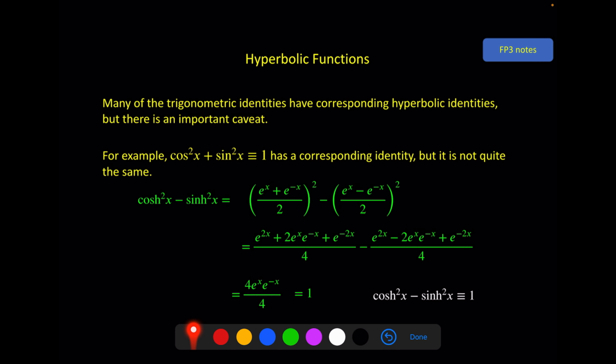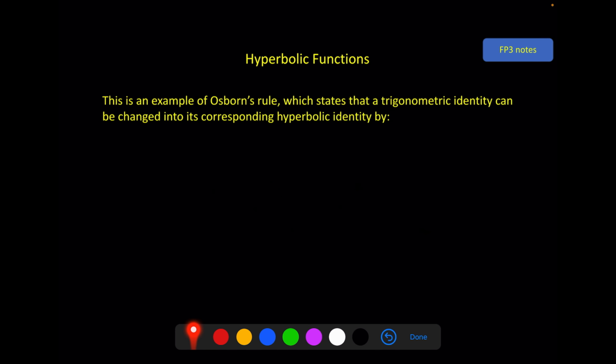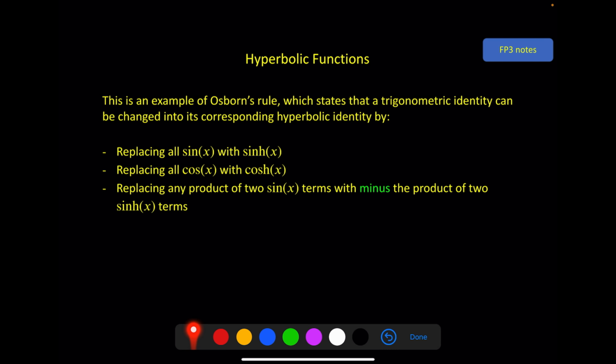And this is a nice example of Osborne's rule, which we'll look at now. Osborne's rule says you can change any trigonometric identity into its corresponding hyperbolic identity if you follow these 3 simple rules. First, very obvious, change your sin x's into sinh x's. Second, just as obvious, change your cos x's into cosh x's.